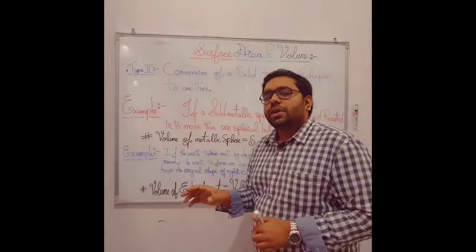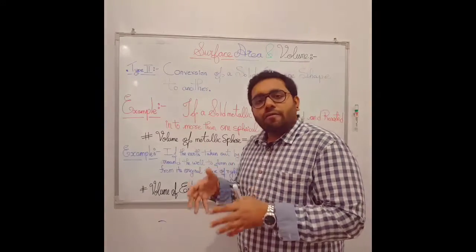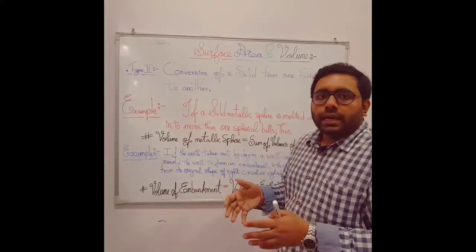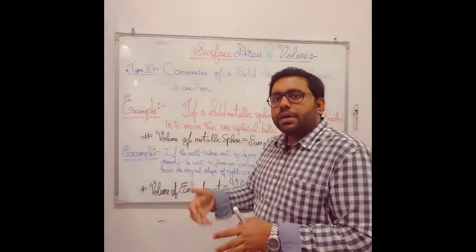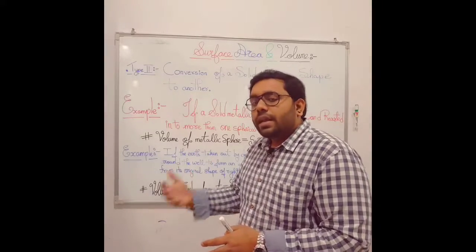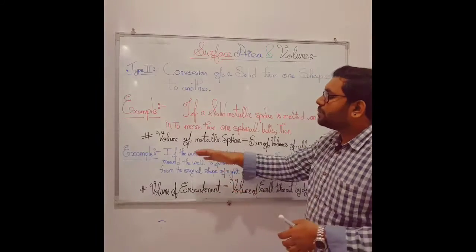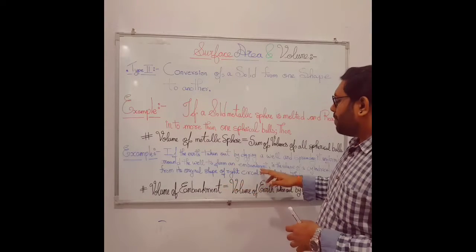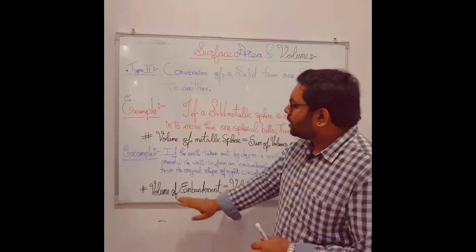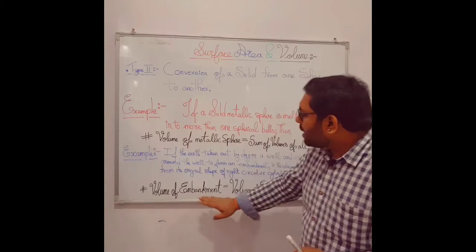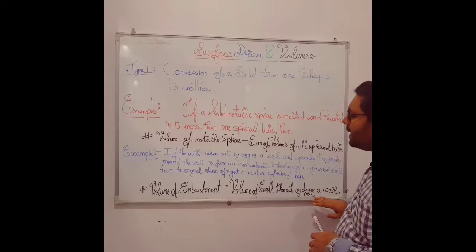So the very first thing you have to understand over here is what exactly is happening in this question, right? A well is being dug. Now what exactly do you do? You dig the soil, right? As soon as you start digging, the deeper the well is, the more soil or earth will come out. That is spread around the well. That's an embankment. So the important point from a mathematical point of view is that the volume of the embankment is equal to the volume of the earth taken out by digging the well.